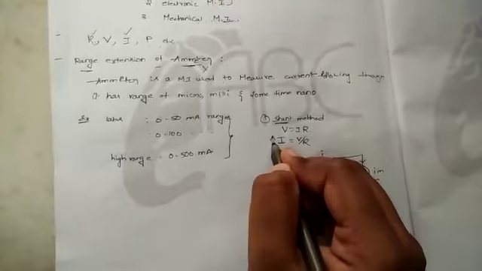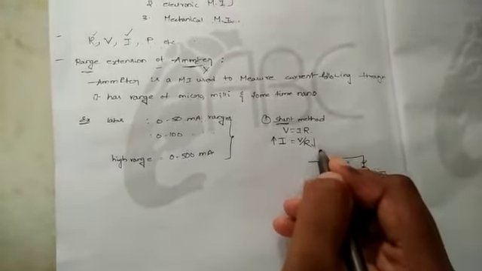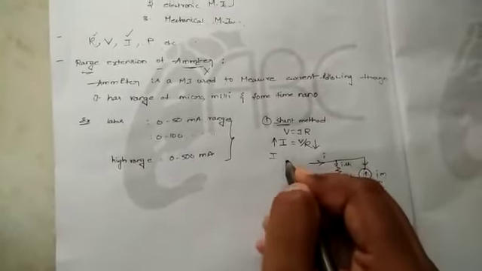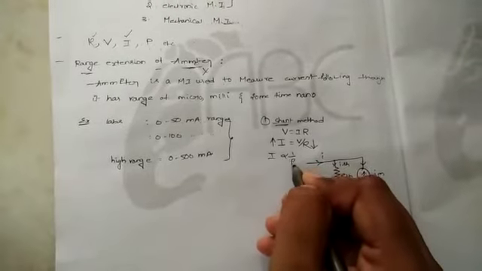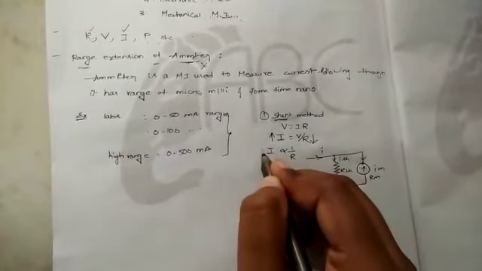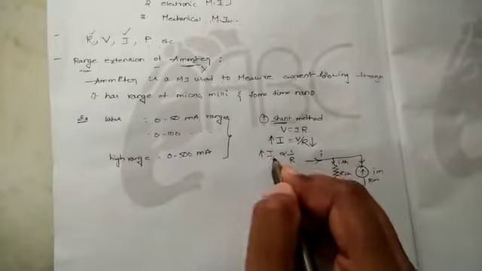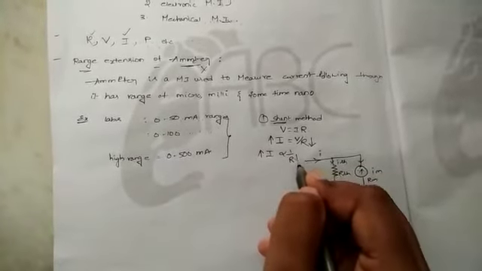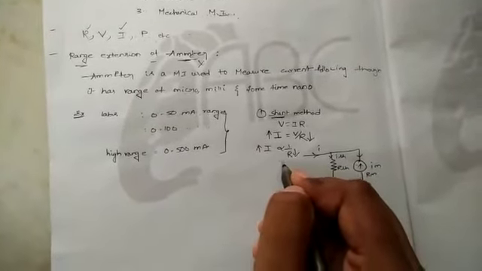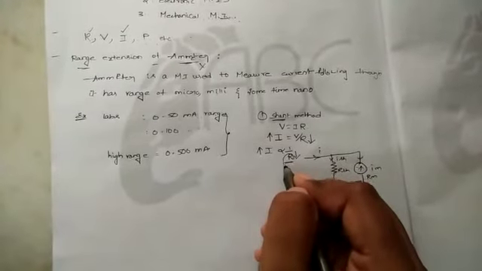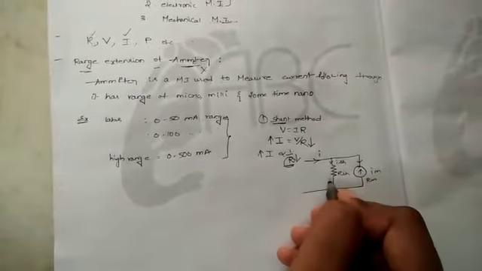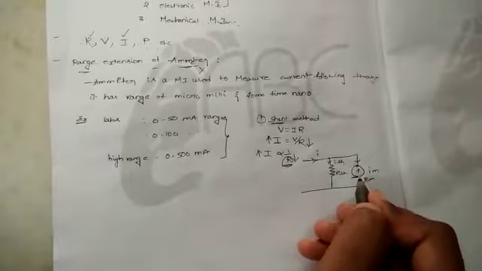To increase the current, I should decrease the resistance. That means I is inversely proportional to R. If I increase the range of the ammeter, then the resistance value should decrease. Now we have to calculate how much resistance, if added in parallel to this meter, increases the meter's range.